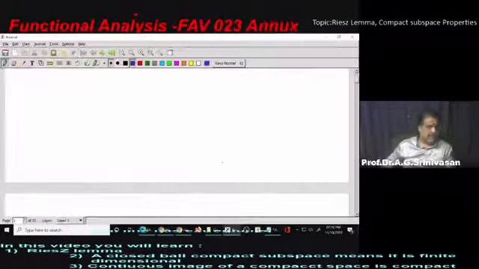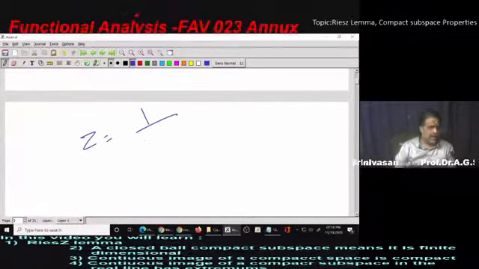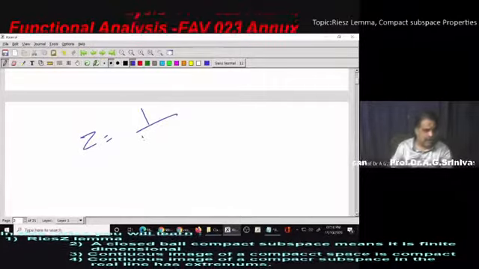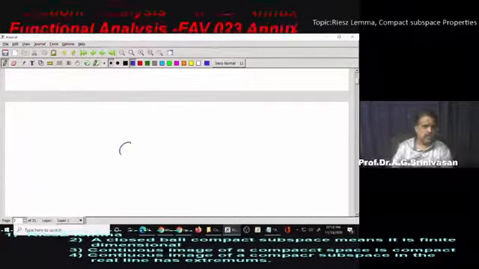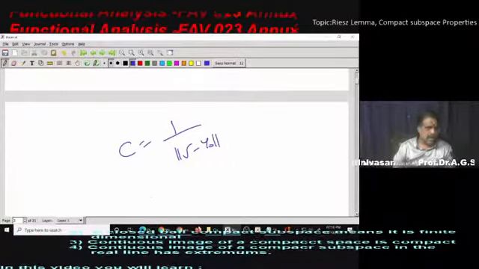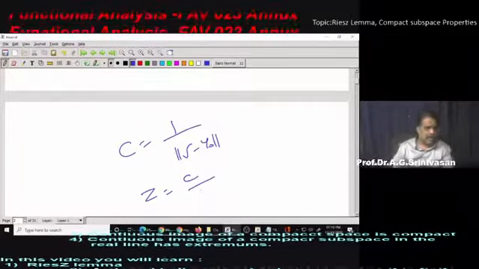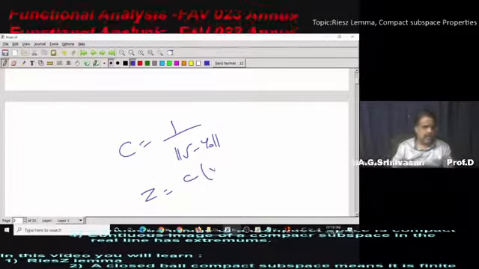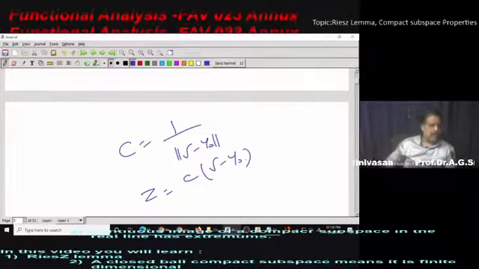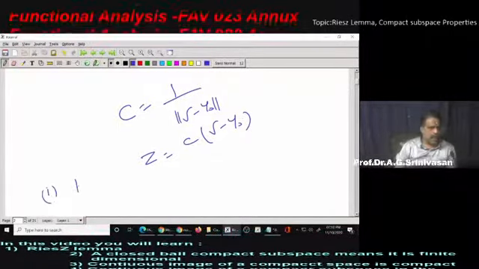Not only that, if C is equal to 1 by norm V minus Y naught and Z equal to C into V minus Y naught, the following observations are very obvious. Number one, what is norm Z?